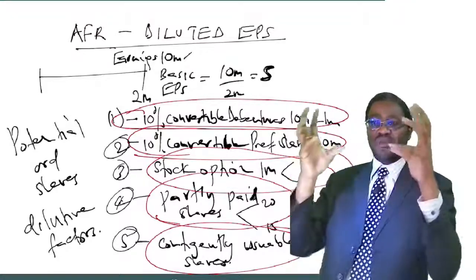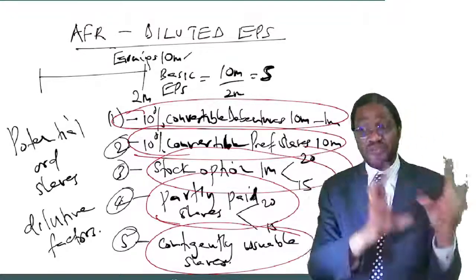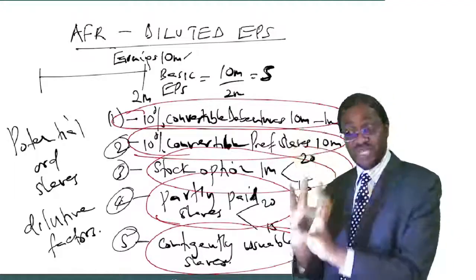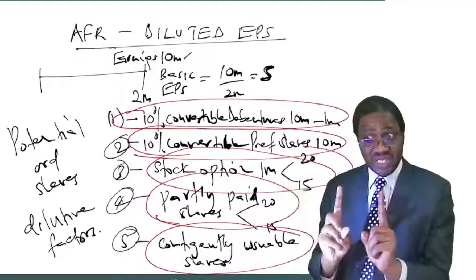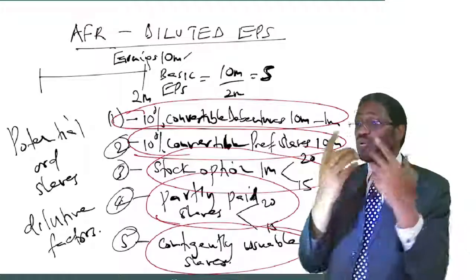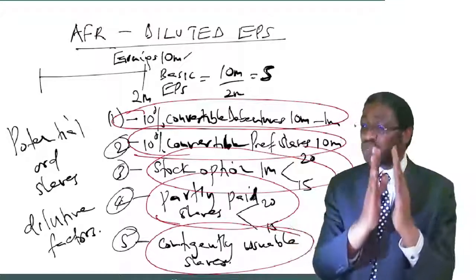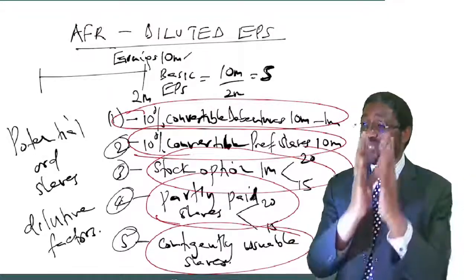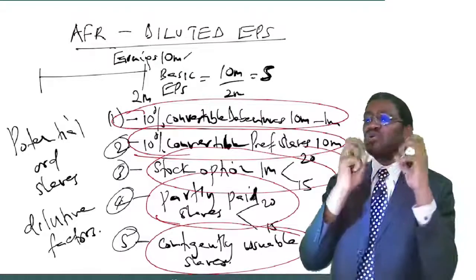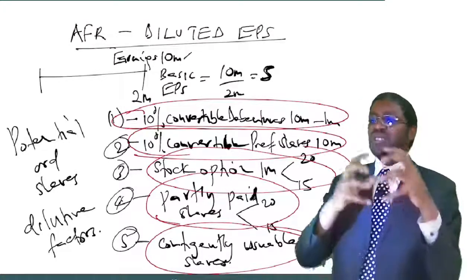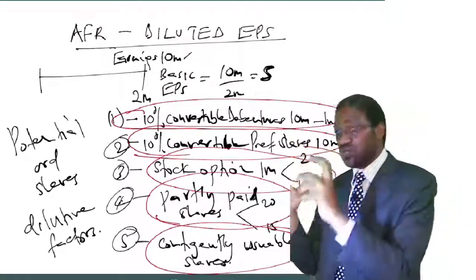So the preference dividend, you did not pay for the full year, you only paid for 6 months. Then I've said, the number of shares you would have issued, which we were assuming to be 1 million, you would have multiplied that by 6/12. In other words, they must be weighted. Why? Because had they converted in July, they would have been my shareholders for only 6 months.